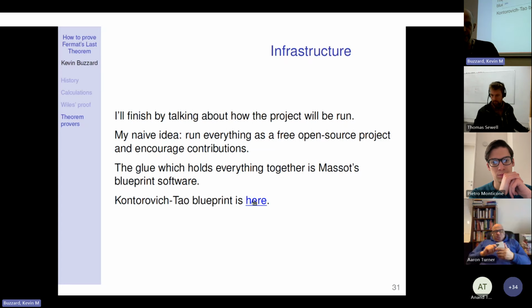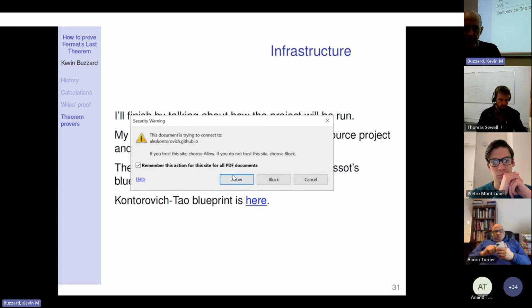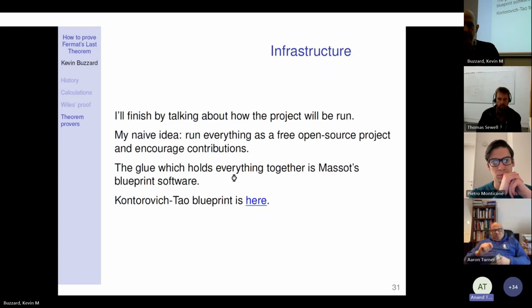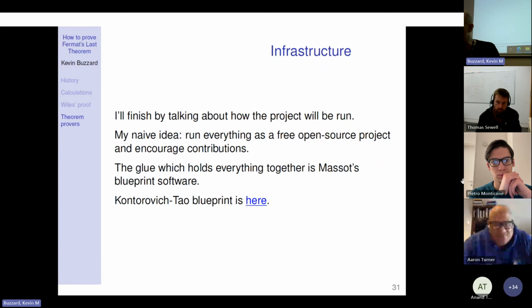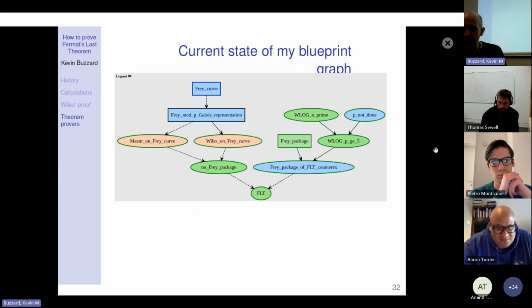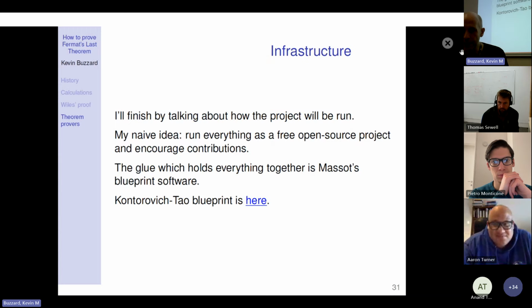This is Tao's. Let's see if this works. Oh, I might have to... It's just occurred to me that... Oh, okay. So I'm not going to show it to you because you can't see it in Cambridge. Oh, maybe I am. Okay, let me briefly stop sharing this. Oh, spoilers. Let me stop sharing.